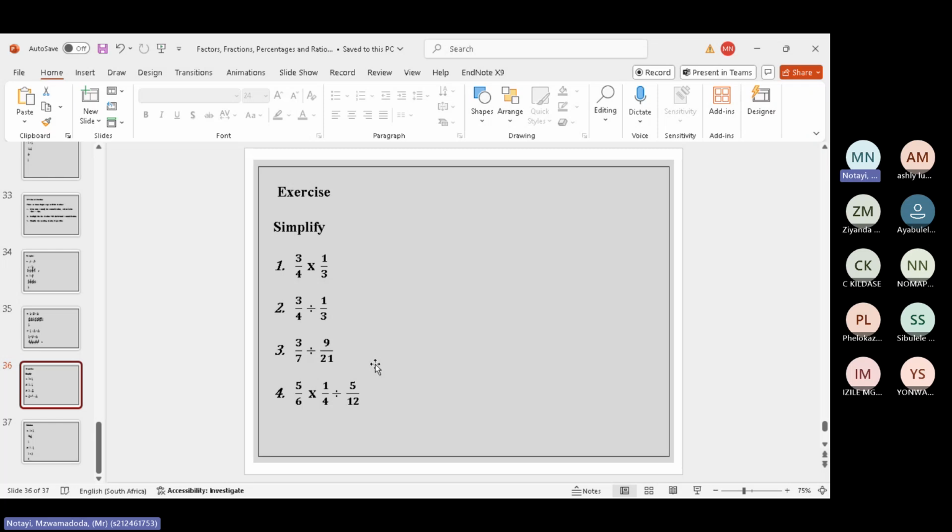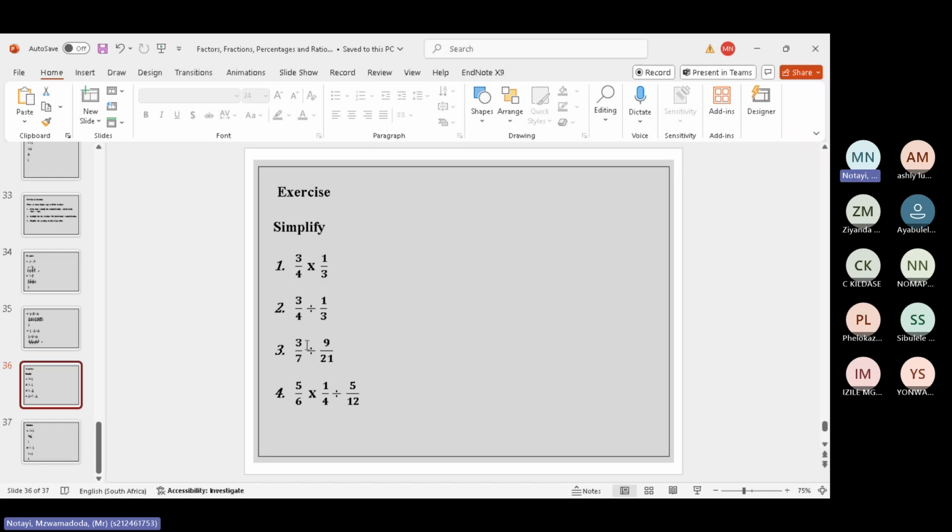So 3 over 7 times 21 over 9. 21 you can write as 3 times 7, and 9 can be written as 3 times 3, and then the 7 at the top is going to cancel the 7 at the bottom, and then you're going to get 3 times 3, which is 9, divided by 3 times 3, which is 9. 9 divided by 9 is equal to 1.